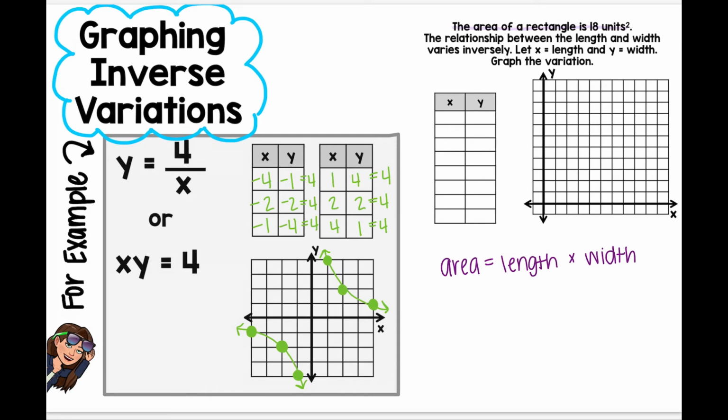Okay, so if the area is 18 square units, then 18 is always going to be equal to the length times the width. The relationship between the length and width varies inversely. That's important. So now we know that we're going to set up our inverse variation equation.